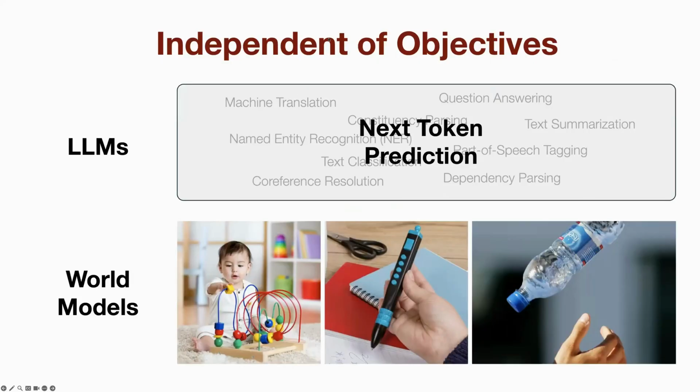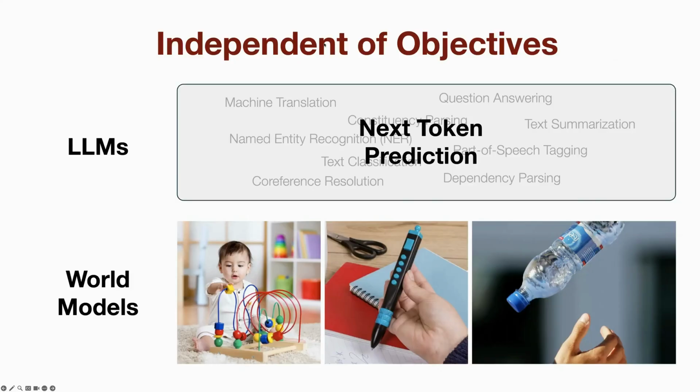And compared to the setup, one really important feature that a pre-training objective should have is that it should be independent of the objective being done at test time. For example, in LLMs, this objective is next token prediction, and when we do next token prediction, we don't care what the downstream task is, whether that's question answering, machine translation, or summarization.